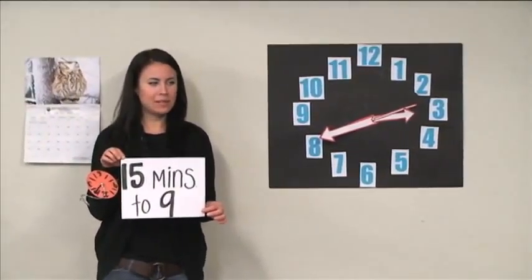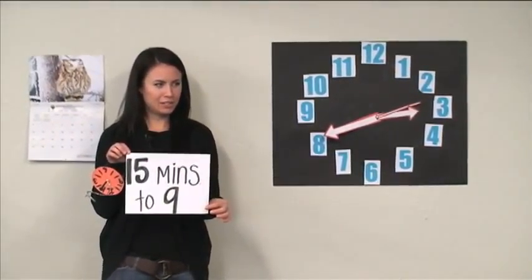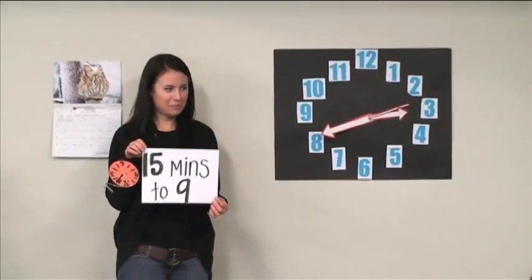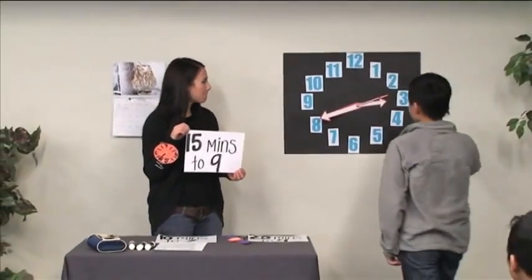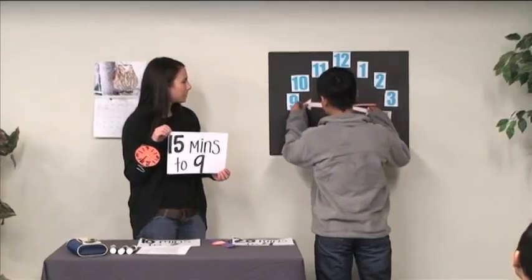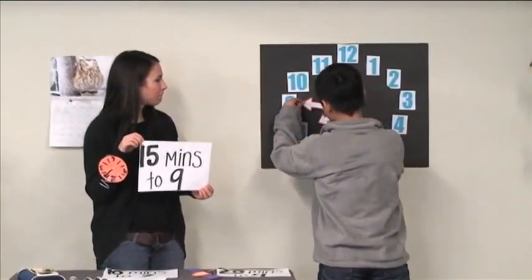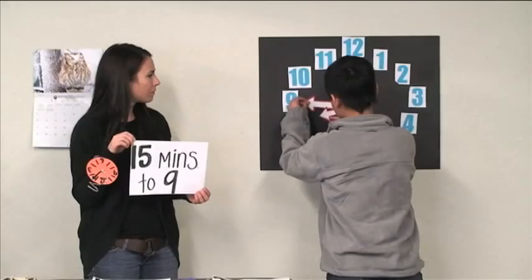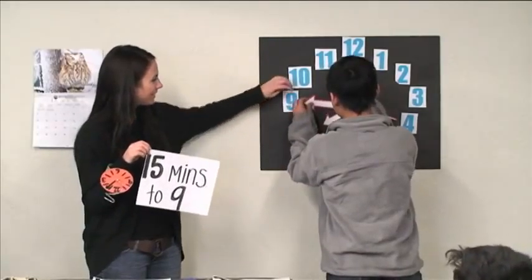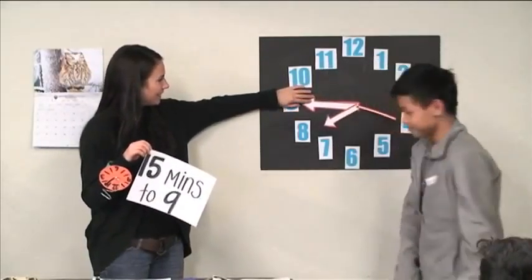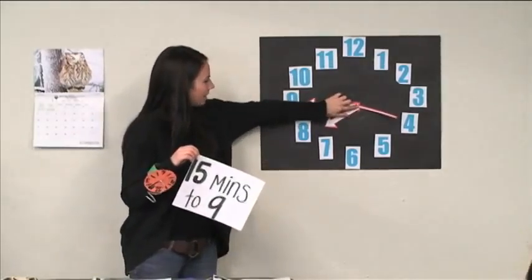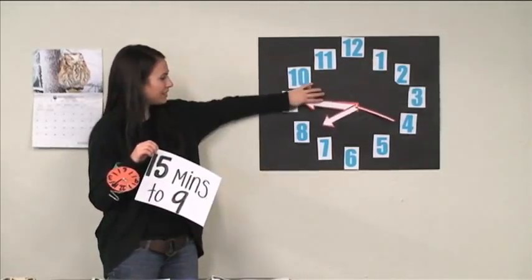15 minutes to 9. Pashida, do you want to try that one? Oh, hold it there. It's kind of sticky. Good job. Okay. So what does this one really say?